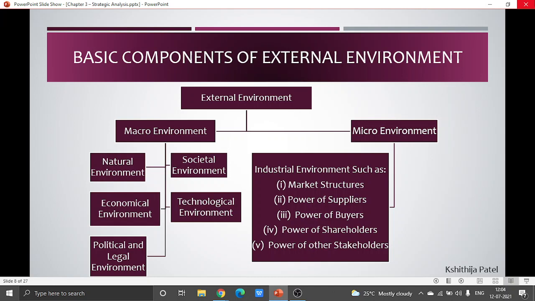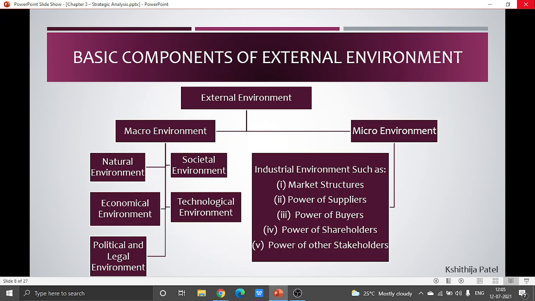And these challenges are posed by the external environment, and if the organization fails to take good care of all such challenges, it can substantially make the organization collapse or go away from the market.